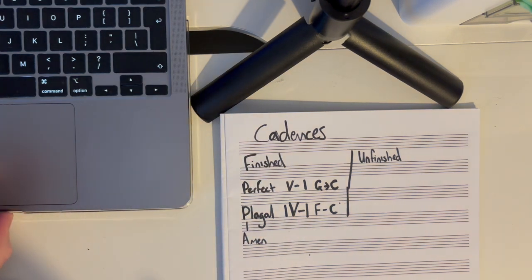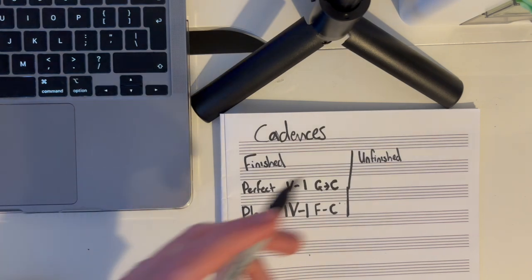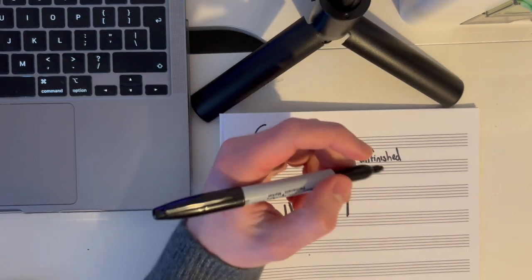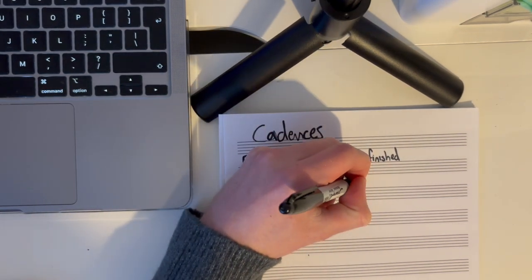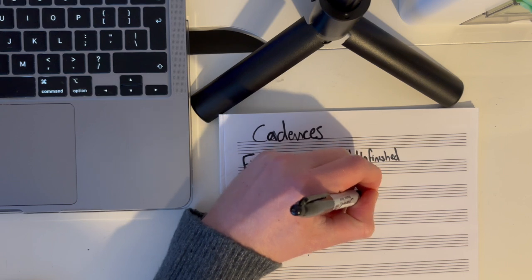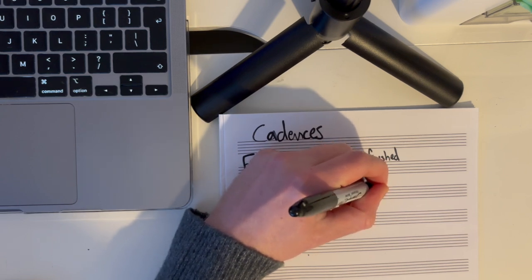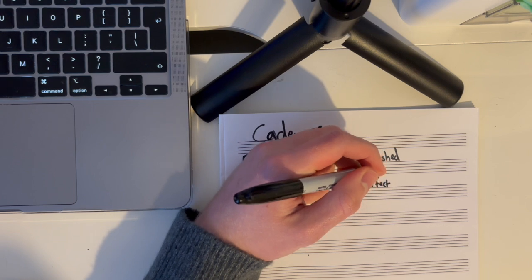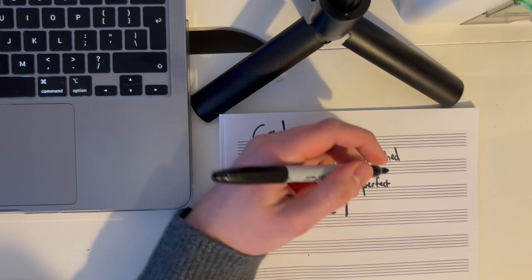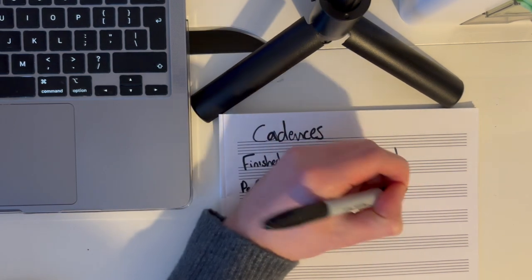Okay, we then have two other types of cadence, and these are our unfinished cadences. The first type we have is imperfect. An imperfect cadence is normally when we go from 1 to 5.